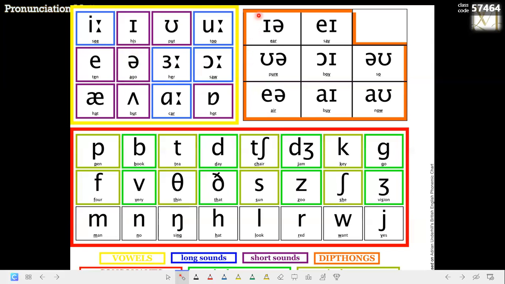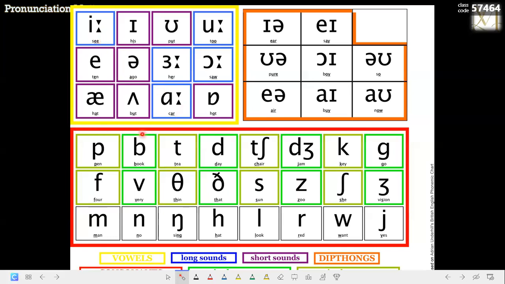And here we have the orange square. This orange shape shows they are diphthong. Also, you will notice each vowel has a transcription and has a keyword. And this keyword is very important because it shows us how to produce this vowel, okay?